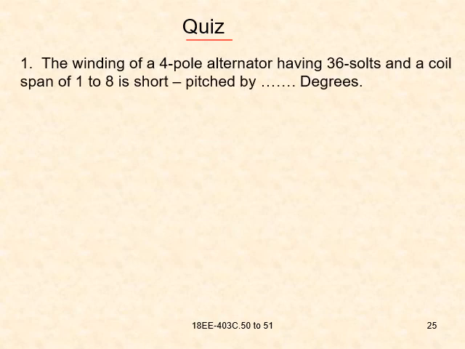Now let us see a quiz. The winding of a 4-pole alternator having 36 slots and a coil span of 1 to 8 is short pitched by how many degrees?